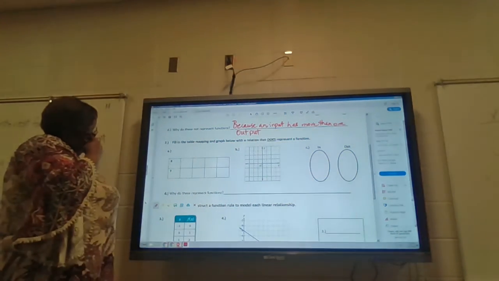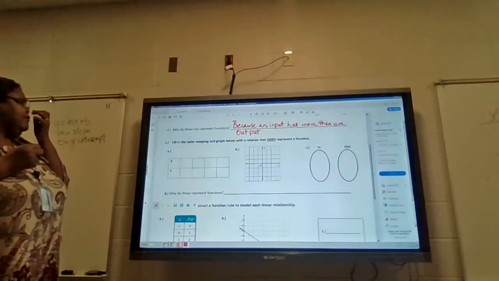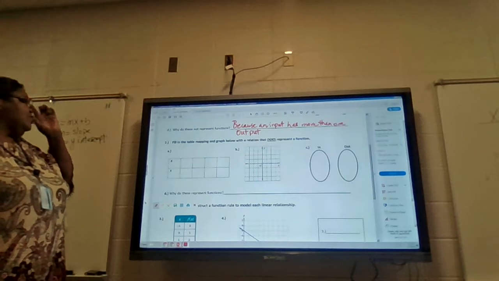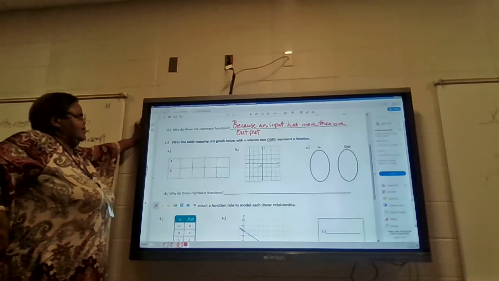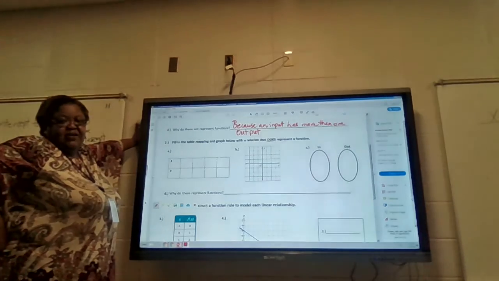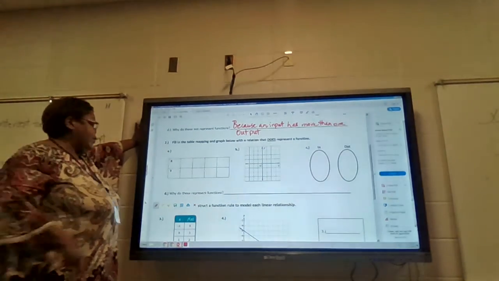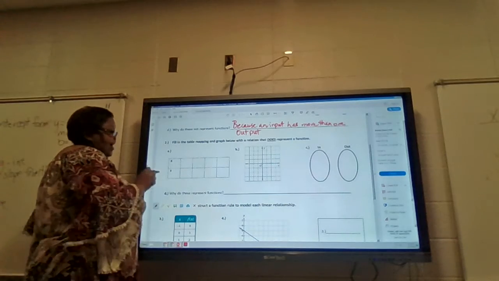So the input has more than one output. Okay, now we're going to fill in the table, the graph, and the mapping diagram with a relation that does represent a function. So in this one, we're trying to get a function.